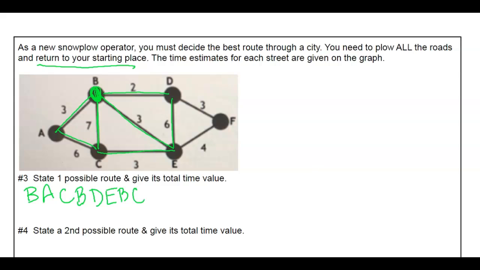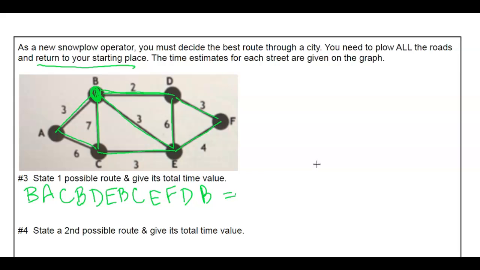Let's go here. Let's go here. Here. And then I got to end up back at B. Oops, I wrote 3 instead of D, sorry. And then B. Let's do D. Okay.